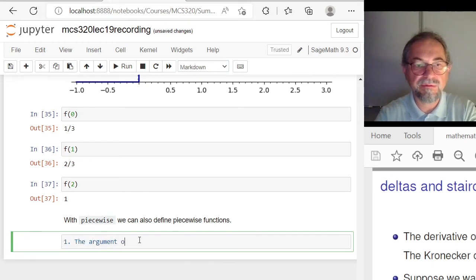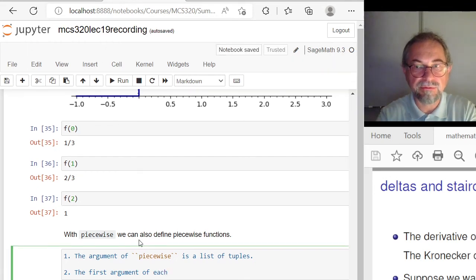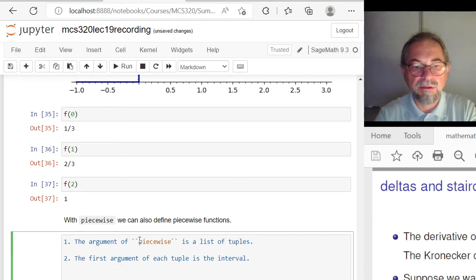The argument of piecewise is a list of tuples. So the first argument of each tuple, so a tuple with 2 arguments, the first argument of each tuple is the interval. The second argument of each tuple is the value on that interval.